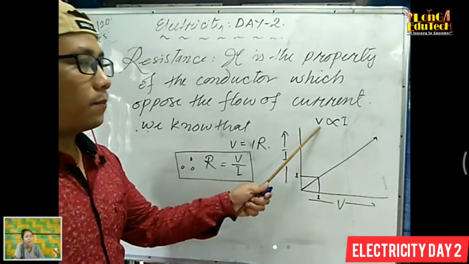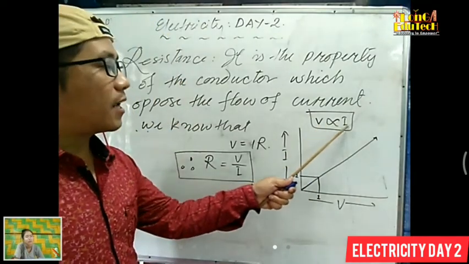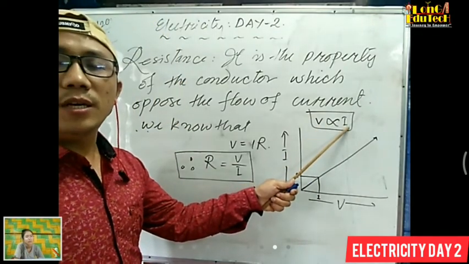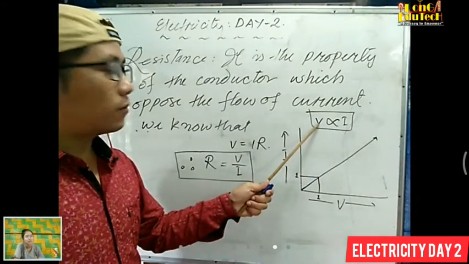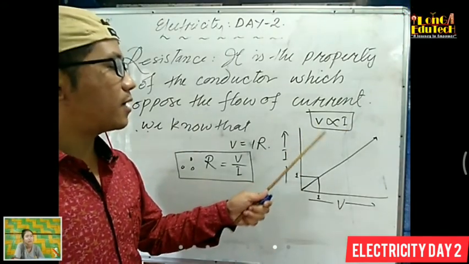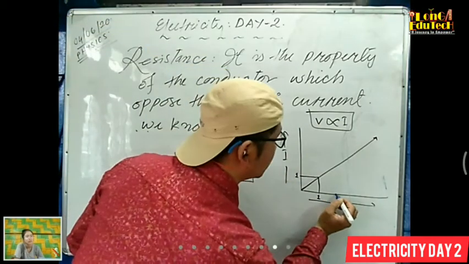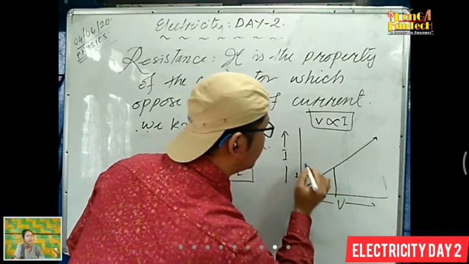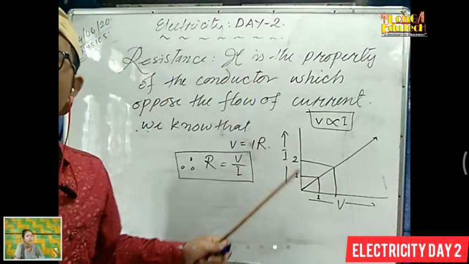When the value of V increases, at the same time the value of current also increases by the same amount. If V is increased by 1, then current also will increase by 1. If V is increased by 2, at the same time current also will increase by 2.